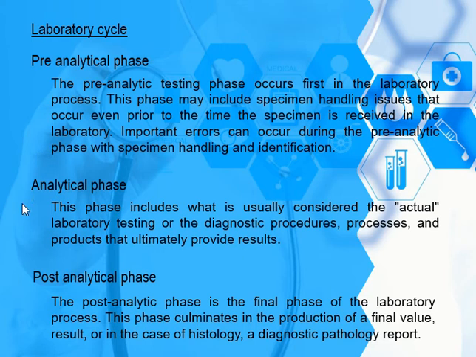The analytical phase includes what is usually considered the actual laboratory testing, or the diagnostic procedures, processes, and products that ultimately provide results. The post-analytical phase is the final phase of the laboratory process. This phase culminates in the process of a final value or results, or in the case of histology, a diagnostic pathology report.